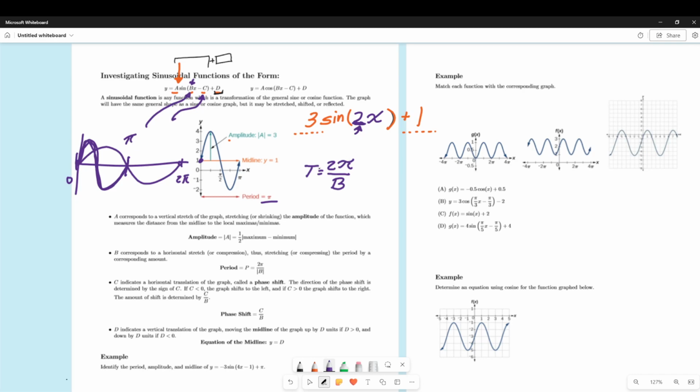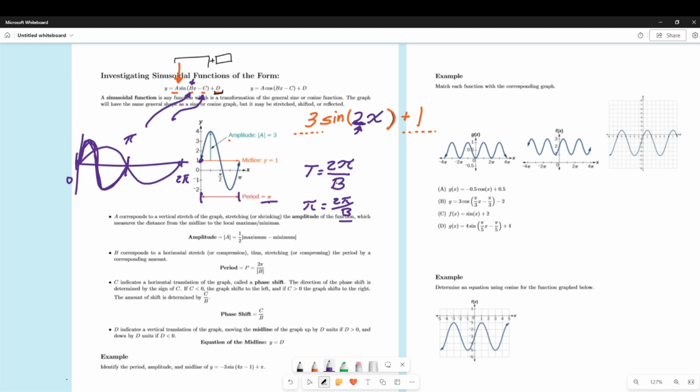And that's why we're dividing. We're taking that 2 pi and dividing by that speed factor, because it's happening faster. So given that this period here was pi, we can find that b by letting pi equal 2 pi divided by b, and solve for that b. That b would clearly have to be 2. That's how we knew that was a 2.